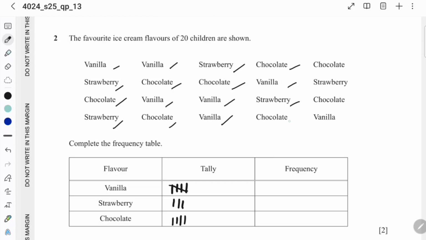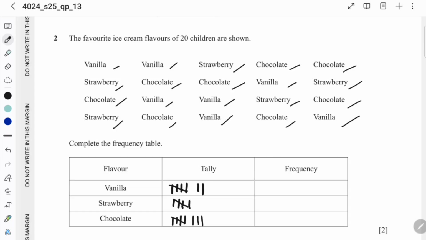Chocolate, vanilla, strawberry, chocolate, vanilla, strawberry, and again chocolate. Then chocolate, strawberry, chocolate, vanilla, chocolate, strawberry, and again chocolate, and then vanilla.